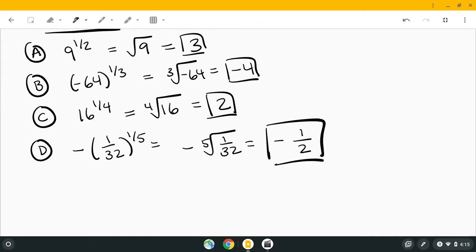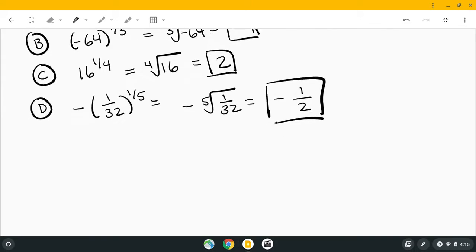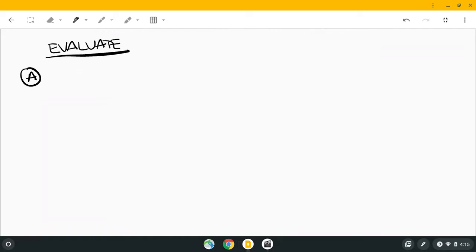Here we just dealt with numbers. Let's throw in some letters, some variables. So let's take a look at evaluating these. Suppose I have y plus 4 squared raised to the 1/2.